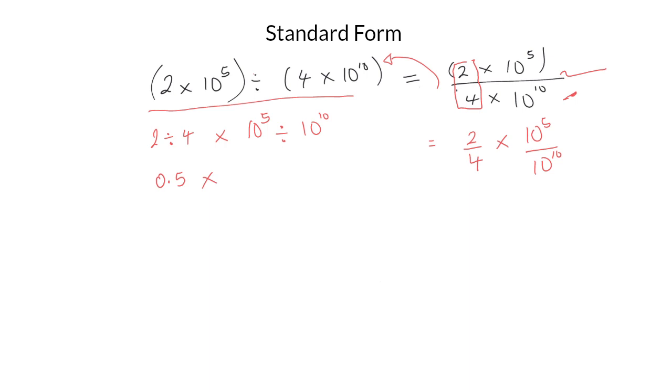So the law of power says if the same number is dividing each other and they have power, you know what to do. We're going to subtract. So that is 10 to the power of 5, take away 10. And if you're also using this method, it is 2 divided by 4, which will be 0.5, multiplied by 10 to the power of 5 dividing 10 to the power of 10.